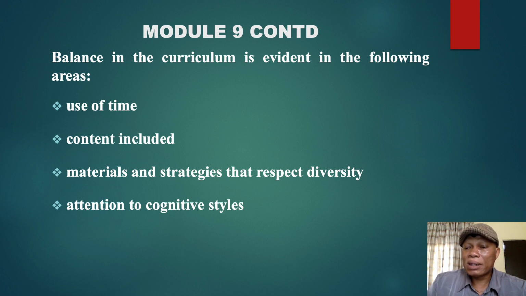Content included. What do we mean by content included? You have to talk about all students must participate in a challenging and common curriculum. While many states and schools may allocate additional learning time for the core courses, they also recognize the need for balanced representation of all disciplines.